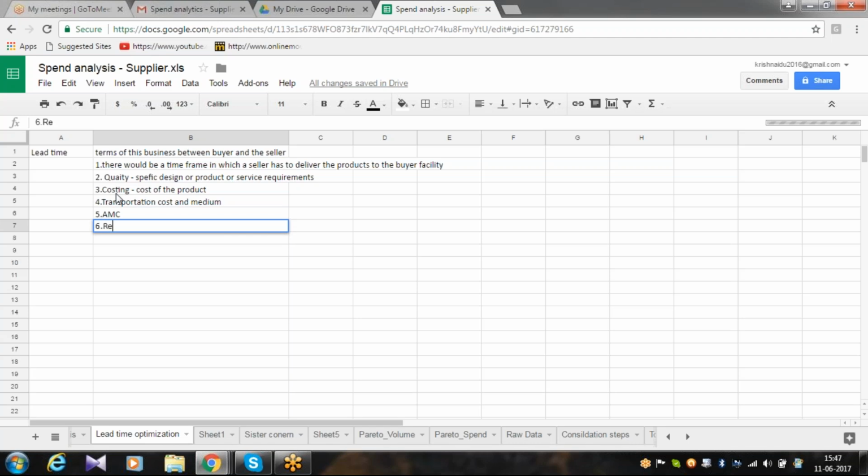Sixth is returns for defective and unwanted products. Seventh is shelf life of the product.